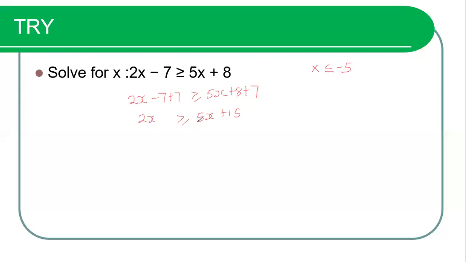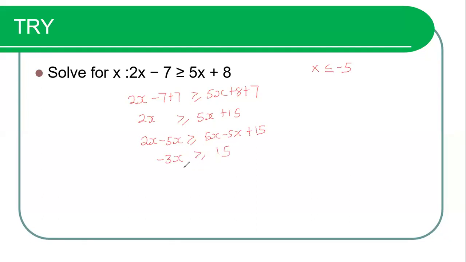Now I bring the 5x this side. This side being positive, when it crosses, it becomes a minus. So I'll say 2x minus 5x is greater or equal to 5x minus 5x plus the 15. So 2x minus 5x gives us -3x greater or equal to 15.